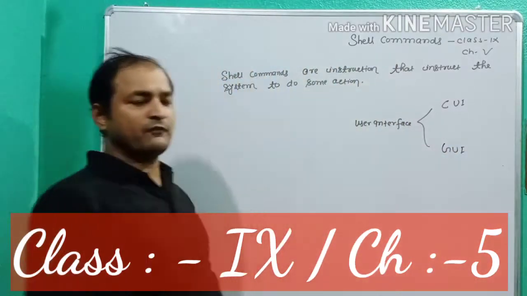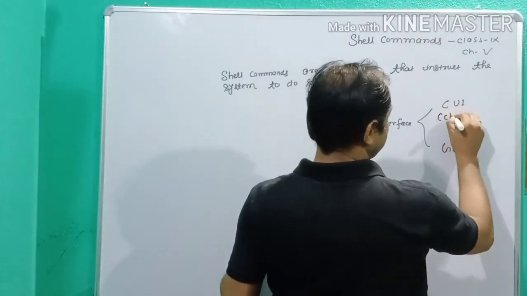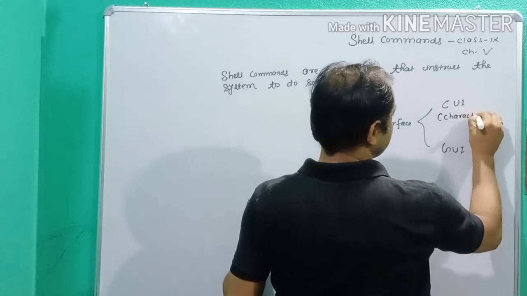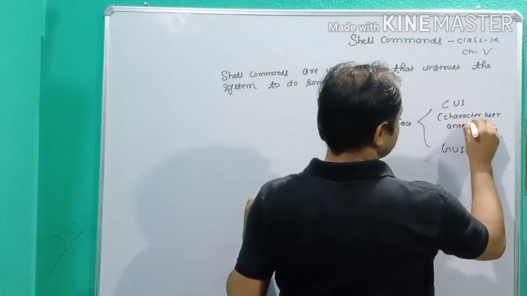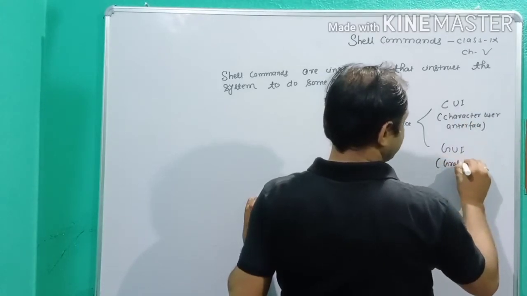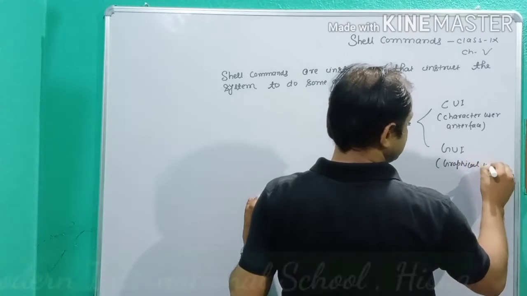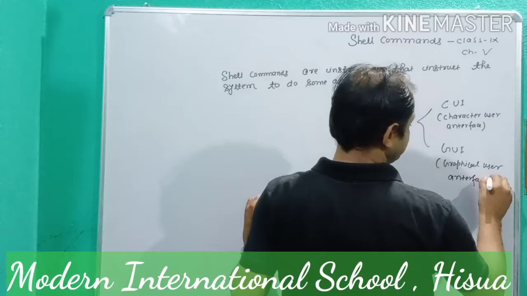The CUI full form is character user interface, and GUI full form is graphical user interface.